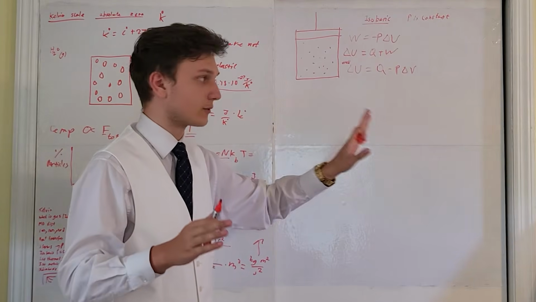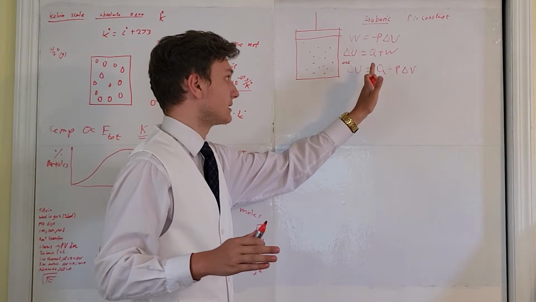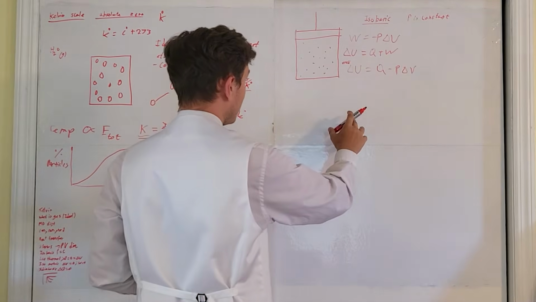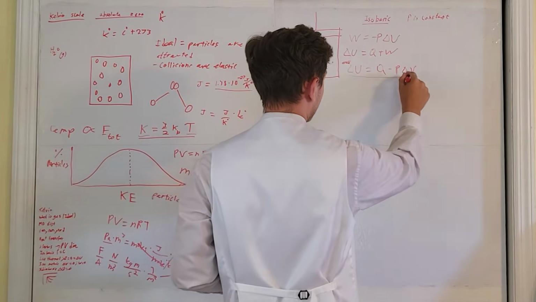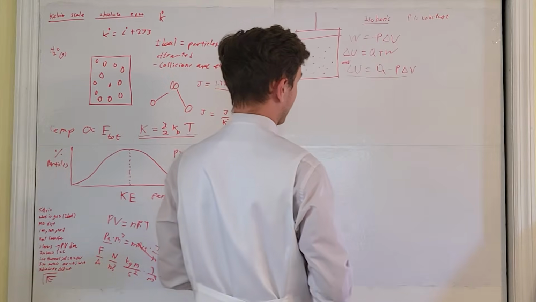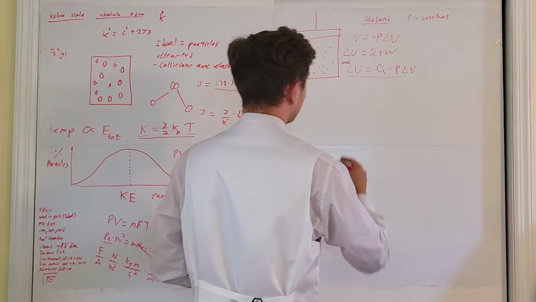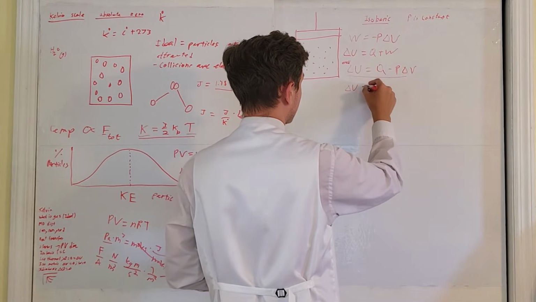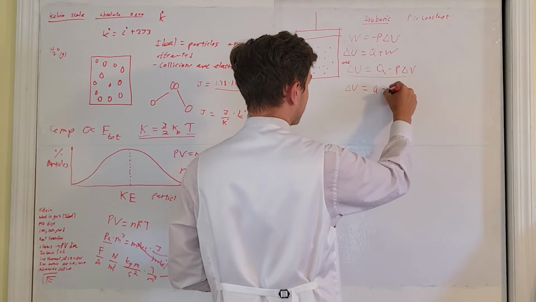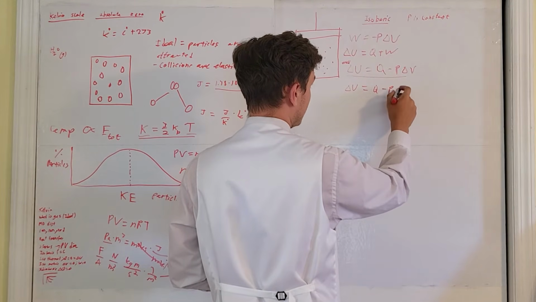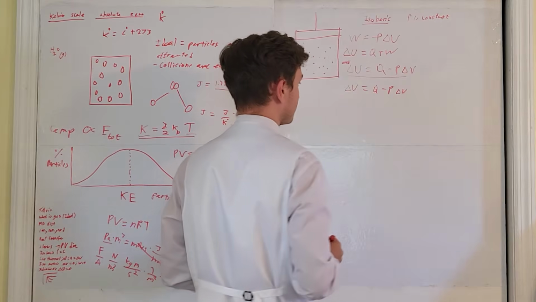Let me reiterate. This is not total energy, this is change in heat energy. So let's consider this equation in terms of our isobaric process, meaning that our delta U is equal to our Q minus our constant pressure times our change in volume.